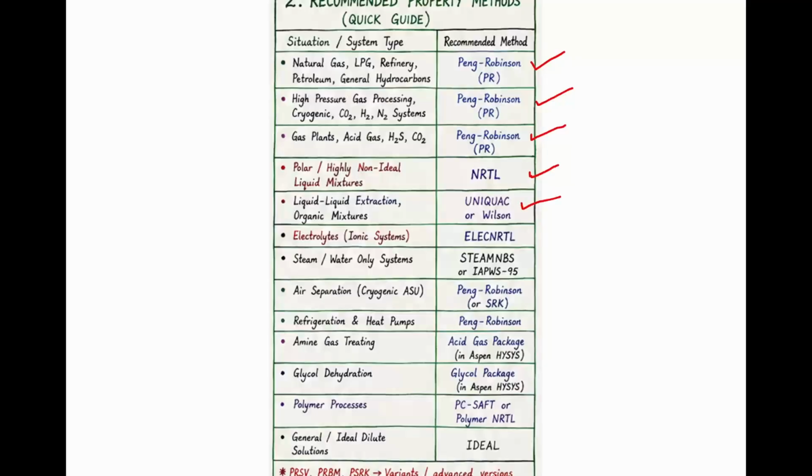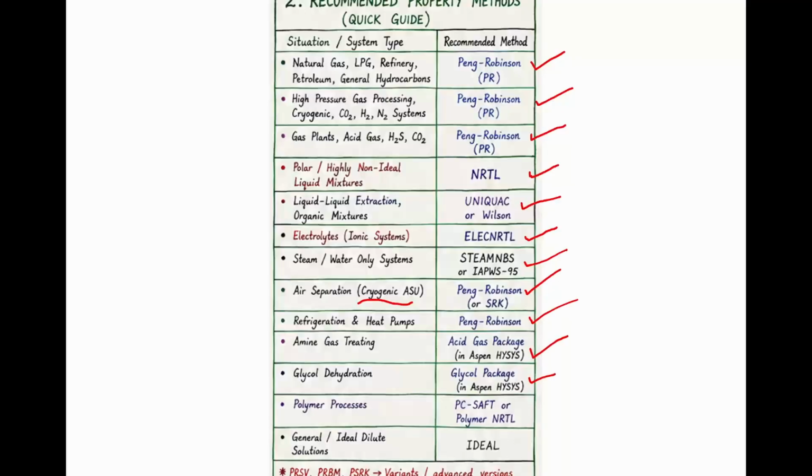For electrolytic systems, as I have told you, electrolyte NRTL is used. For steam-water systems, STEAMNBS or IAPWS is used. For air separation, which includes cryogenic air separation, Peng-Robinson or SRK is used. For refrigeration, Peng-Robinson. For amine gas treating, the acid gas package. For glycol dehydration, the glycol package.